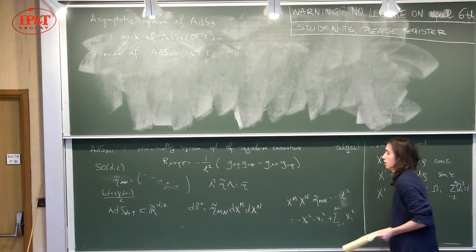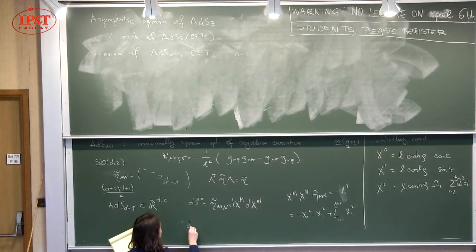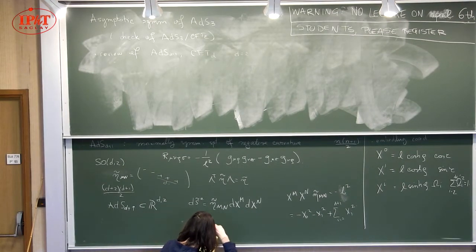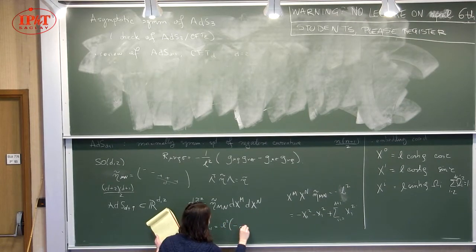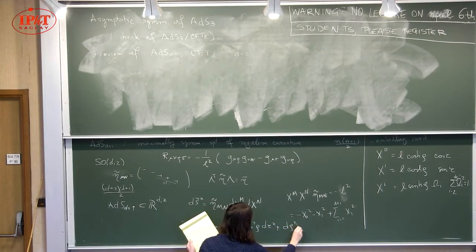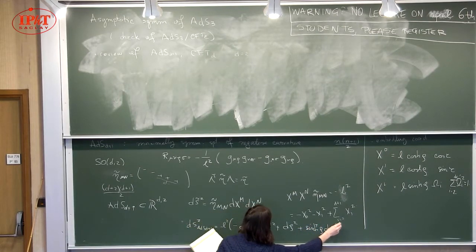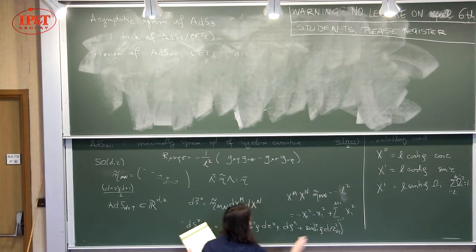What you find is something like this: L squared times minus cosh squared of rho d tau squared plus d rho squared plus sinh squared of rho d omega squared d minus 1.